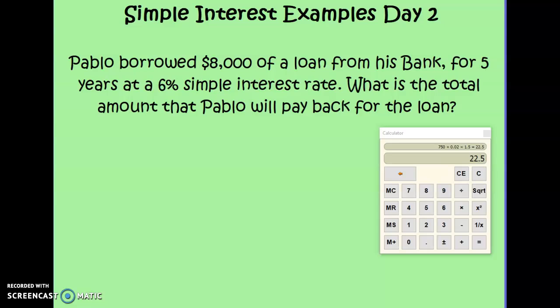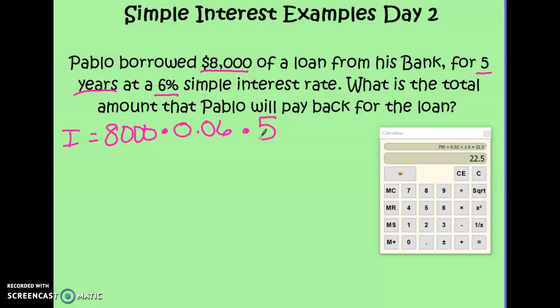Okay, so again, I've got to find my interest. My principal is $8,000. My rate is 6%, so that would be 6/100 or decimal 0.06. And it says that we borrowed it for 5 years, so times 5.